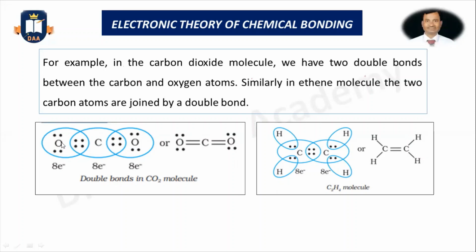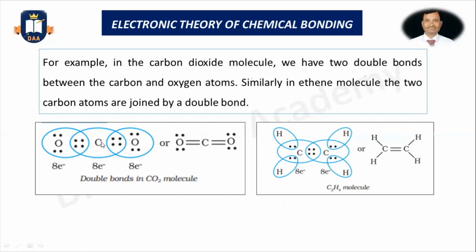So each oxygen in this figure, from the left side and right side, shares 2 electrons with the 2 electrons of carbon for each oxygen.